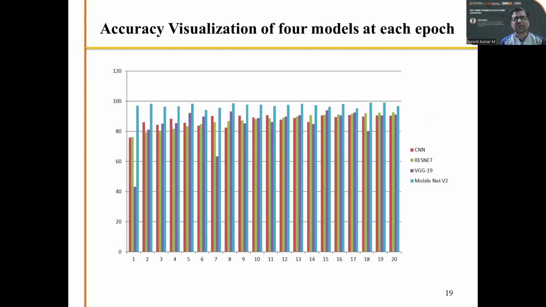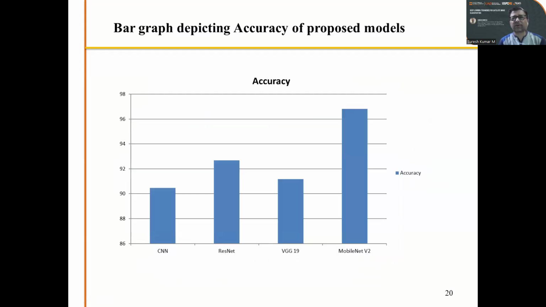The same thing has been visualized. Accuracy has been visualized for all the 4 models, and we can see clearly the blue color is MobileNet, which has the highest accuracy. This is a bar graph depicting accuracy of all 4 models. The CNN model's accuracy is very low, and MobileNet V2 accuracy is high when compared to the other 3 models.